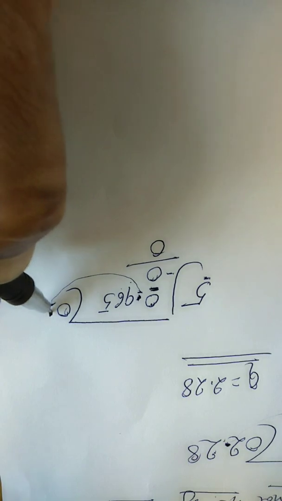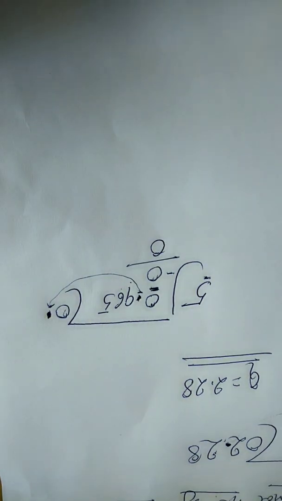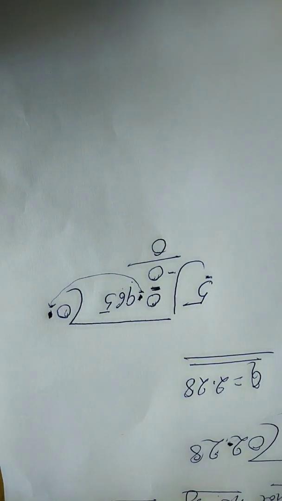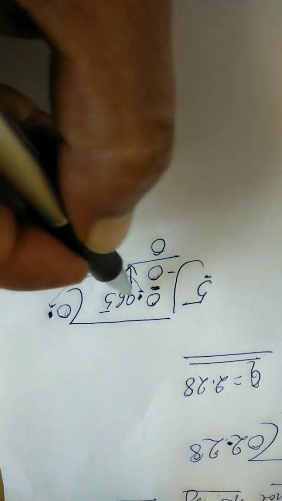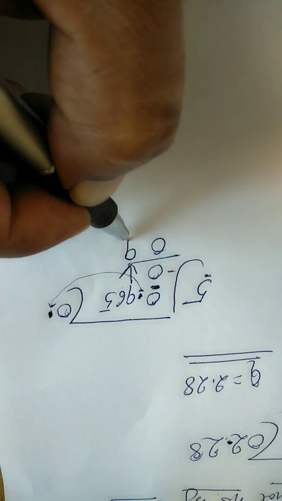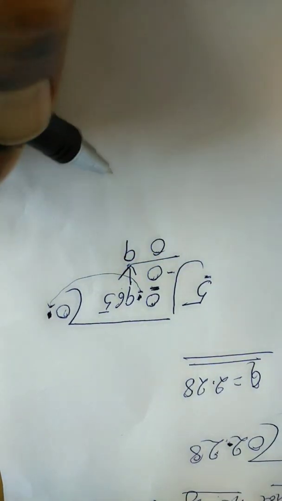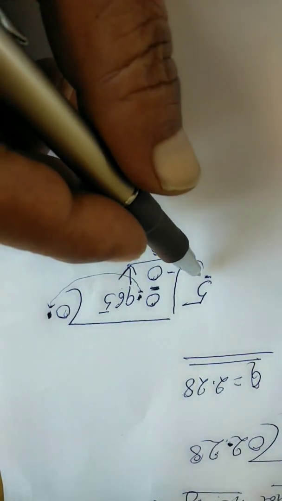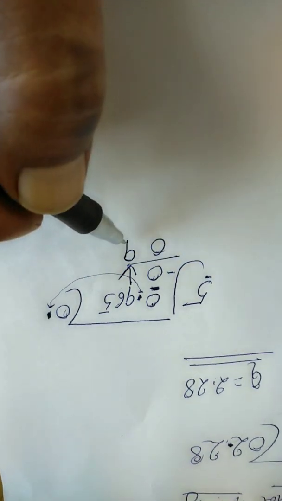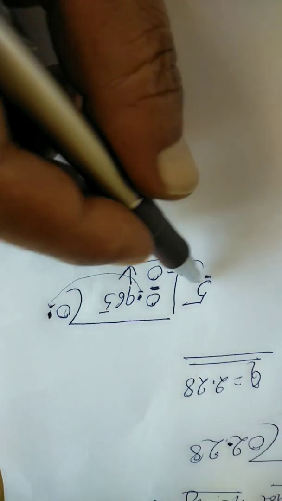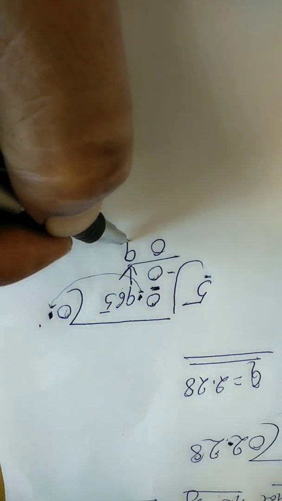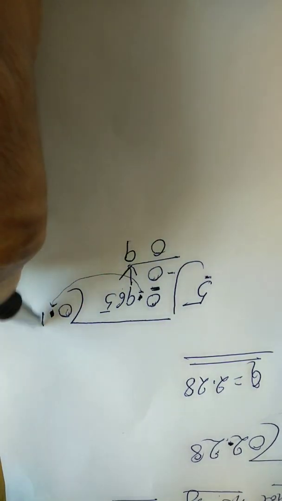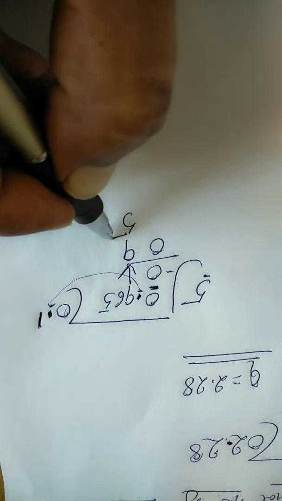Now put the decimal here. If you put the decimal here, now you can bring down the next digit 9. Now recite the table of 5, whether 9 will come or not. 5 1s are 5, 5 2s are 10, 10 is greater than 9, so 5 1s are 5.